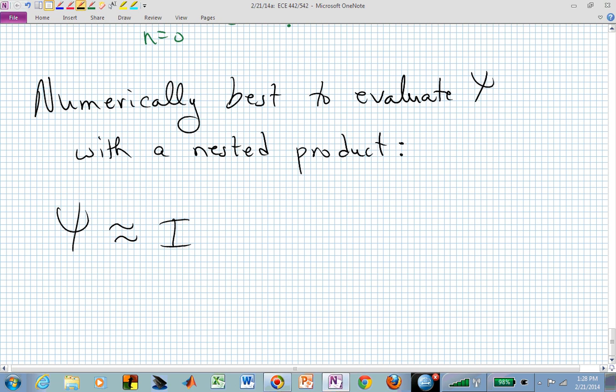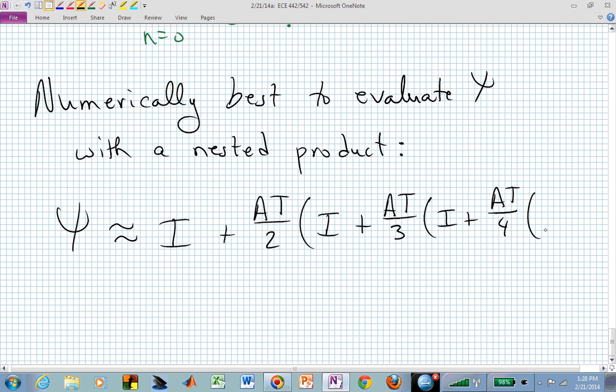So psi now we can approximate by the identity matrix I plus AT over 2, and now we have this nested set of expressions where AT just continues to be divided by the next integer in that expression.